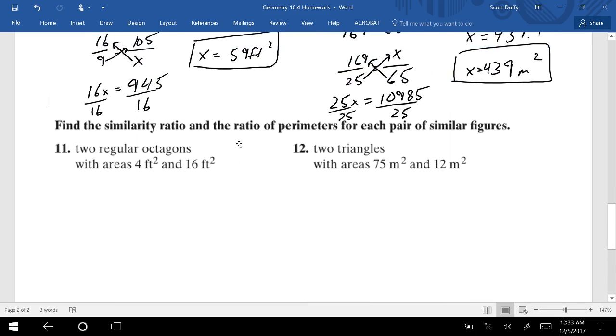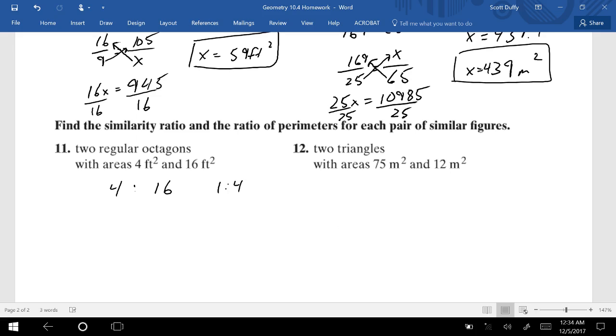Find the similarity ratio and ratio of the perimeters for each pair of similar figures. 2 regular octagons with areas of 4 feet squared and 16 feet squared. So we're going backwards here. So octagons with area of 4 and 16. So the ratio would be 4 to 16, which would simplify to be 1 to 4, right?